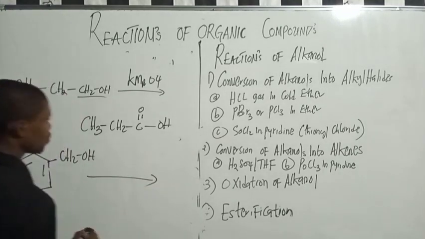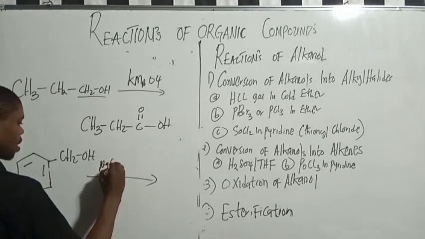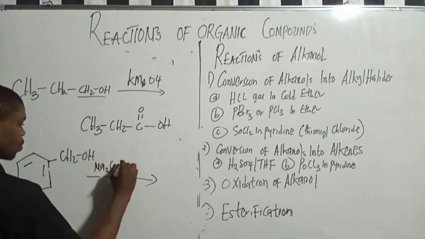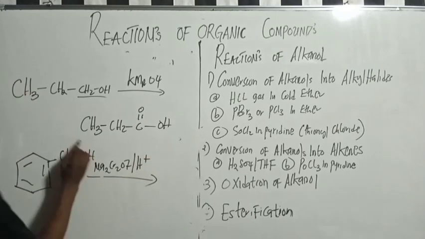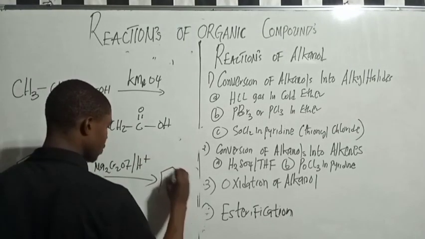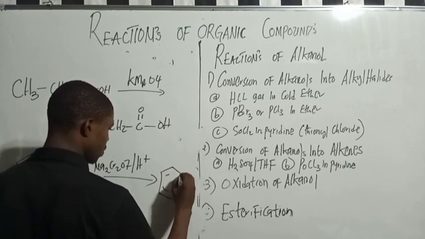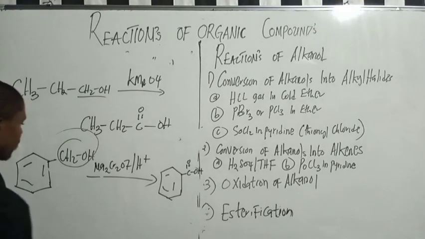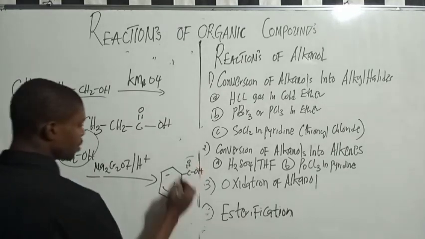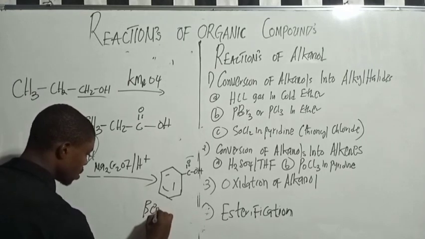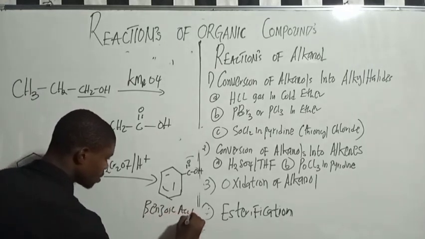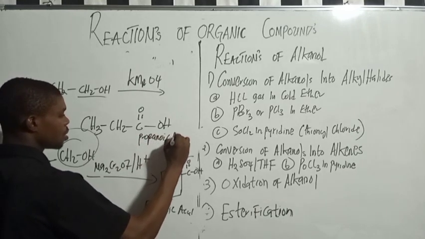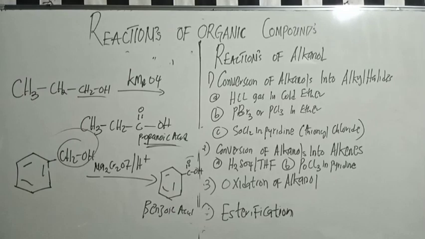Now we oxidize it with Na2Cr2O7 and H plus. You convert it to a carboxylic acid. So here this one is going to be benzoic acid. Then here is going to be propanoic acid.